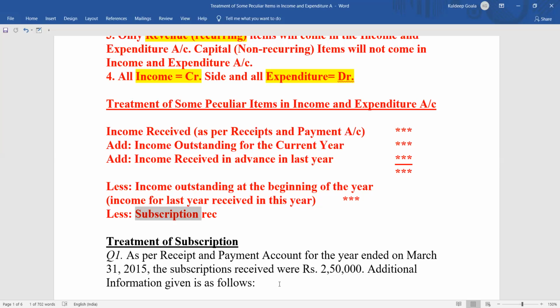So here comes the last one: less income received in advance in current year.